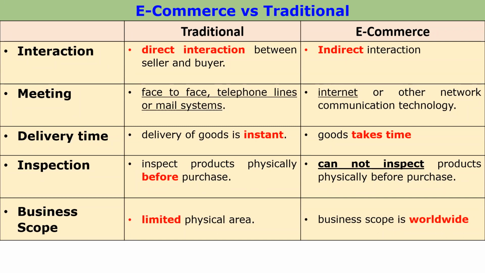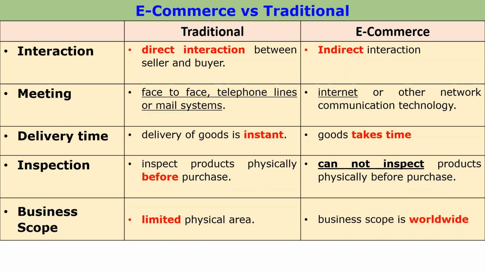Without physically doing it, you can inspect through e-commerce in different views, but you can't touch the product. If you are doing it traditionally, then you can get practical experience before buying the particular services or products. That's under inspection.